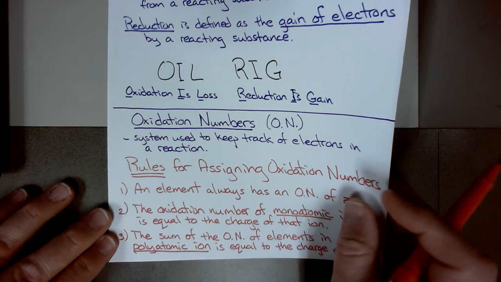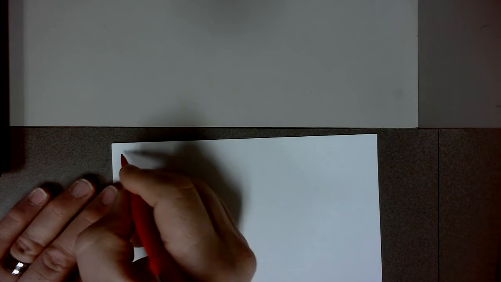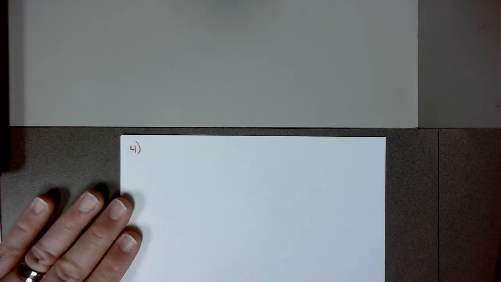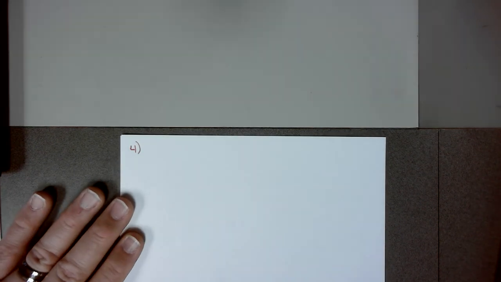So let's go to rule number 4. And rule number 4, the deal is that not all oxidation reactions only occur with ionic compounds. They also occur with covalent. And covalent compounds do not have charges, but they do have oxidation numbers.